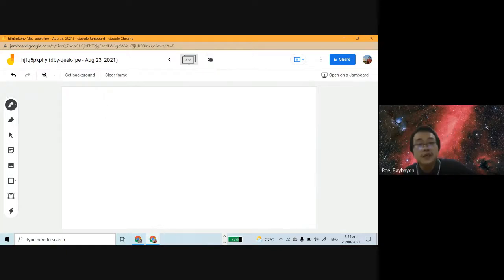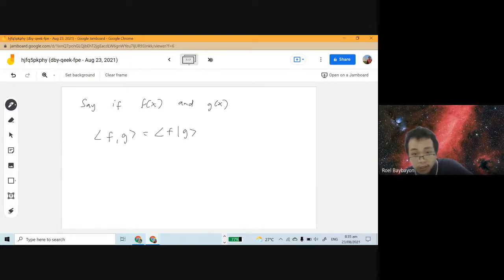Say if we generalize that, not in terms of vectors but a function, f of x and g of x, so I have two functions, g as a function of x, then the inner product fg, I can write as a comma, or I can write it like this, they are the same.